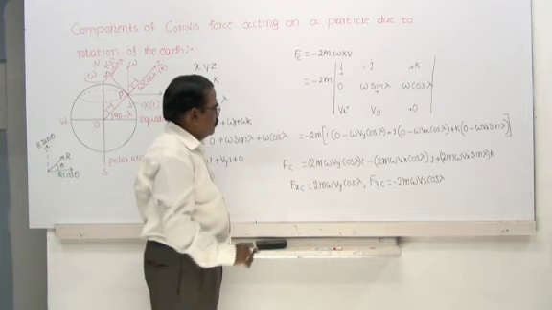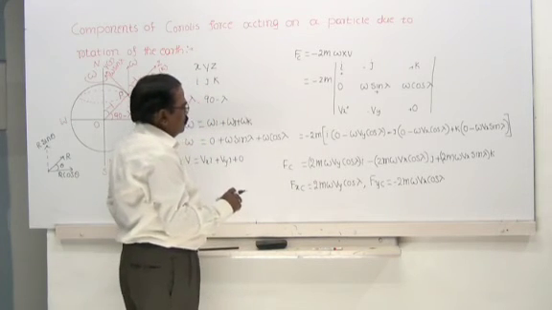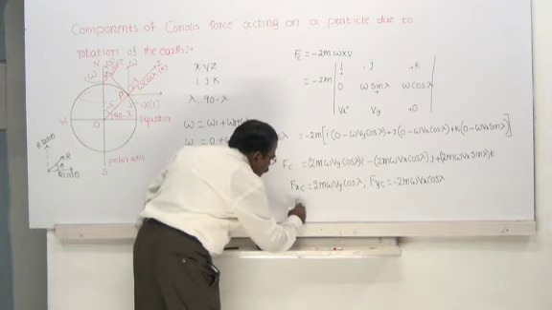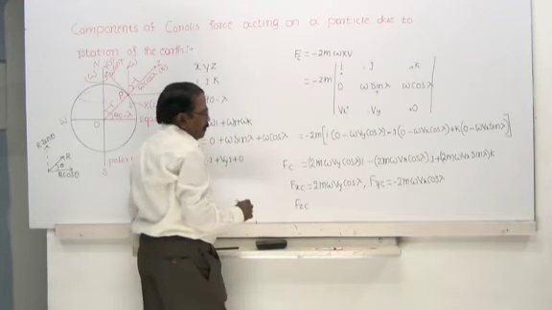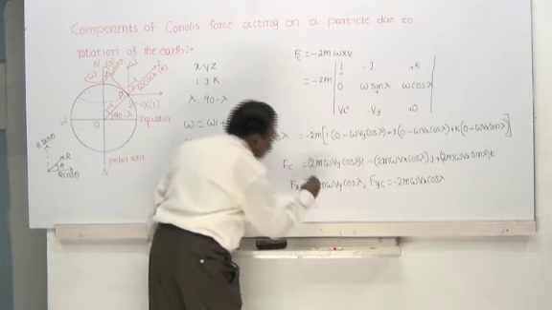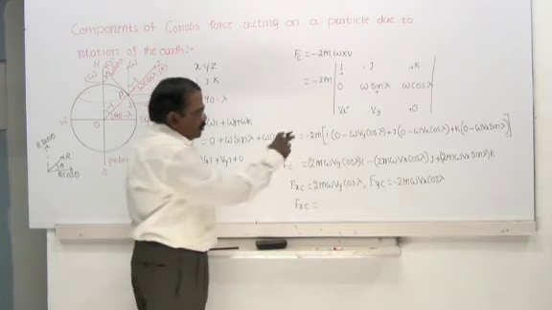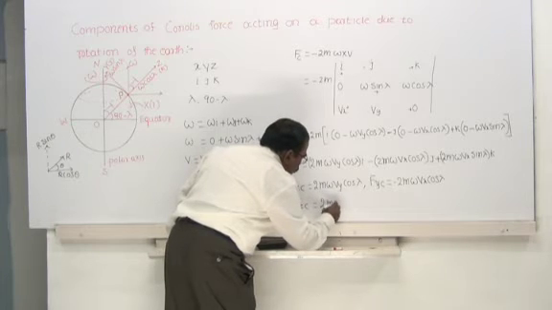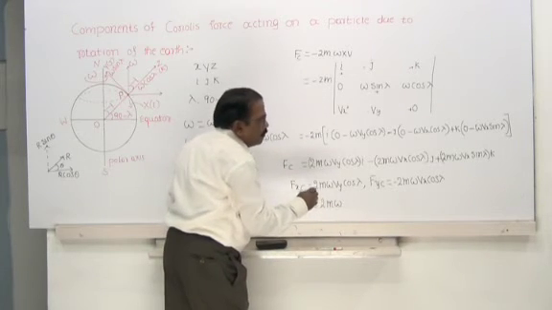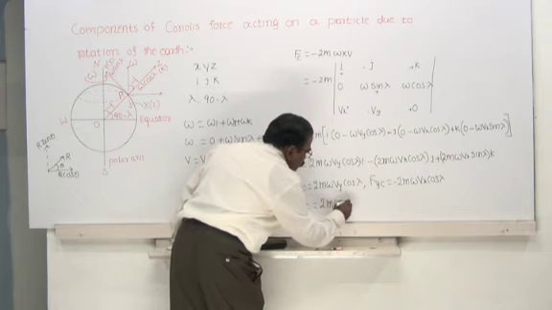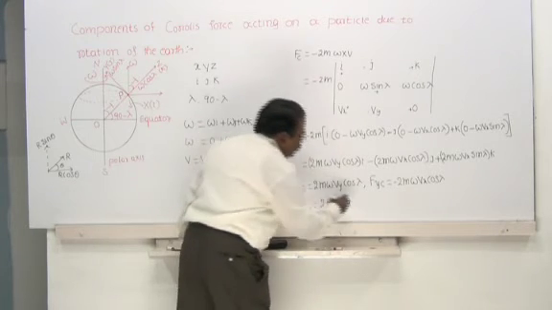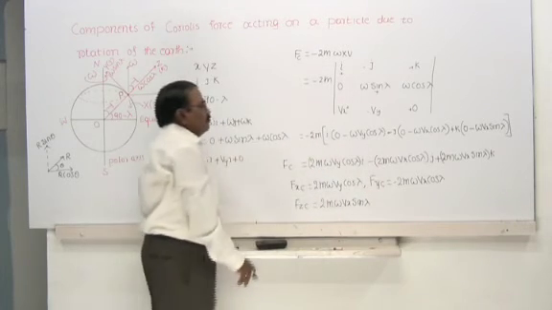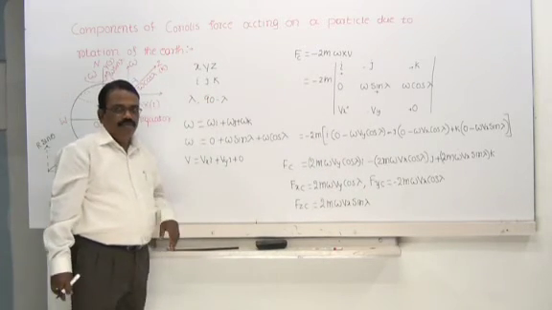And another one, F_zc, is equal to 2m omega Vx sin lambda. You write down this.